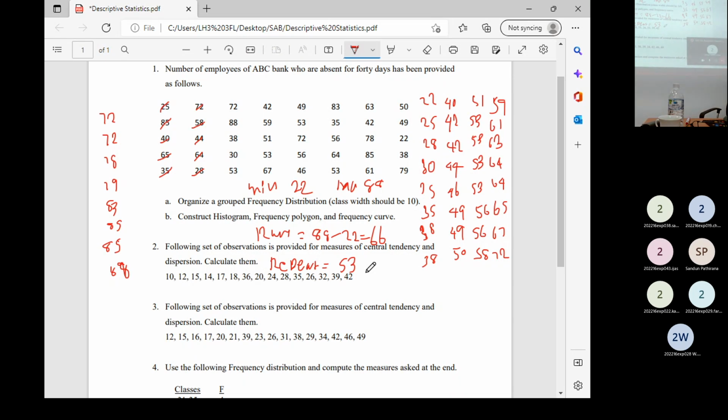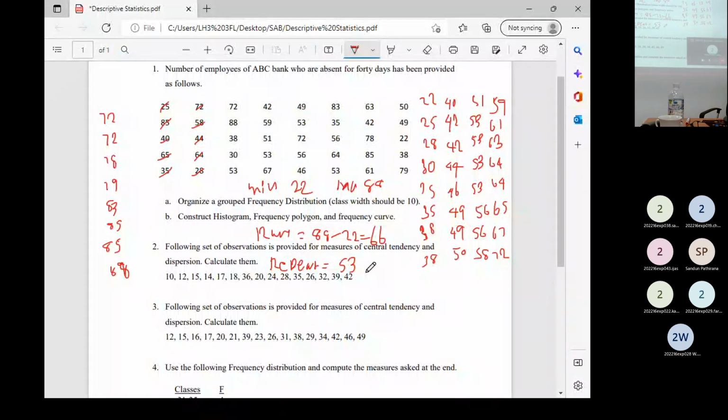Examples: 3, 5 times; 9, 2 times; 6, 3 times. Like that it may be provided. That is observation. This may be 10 to 20, 5 times; 20 to 30, 4 times; 30 to 40, maybe 7 times. Like that frequency may be provided.